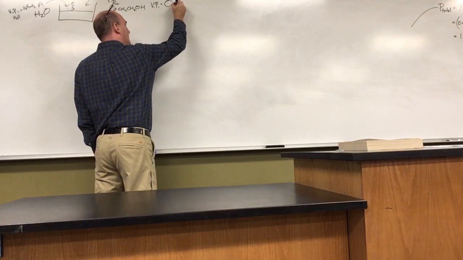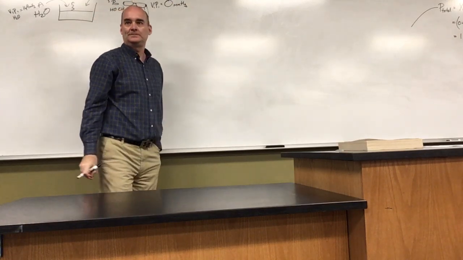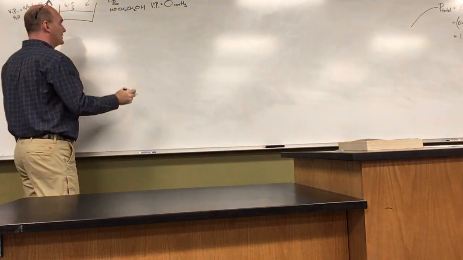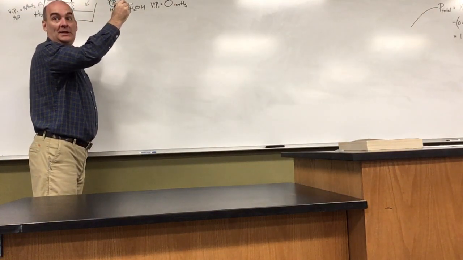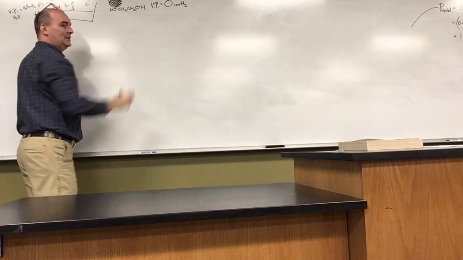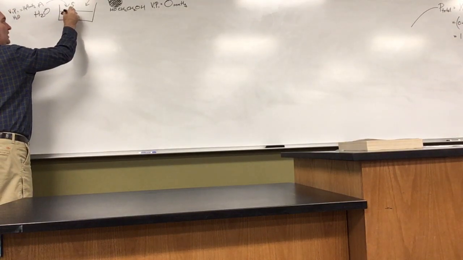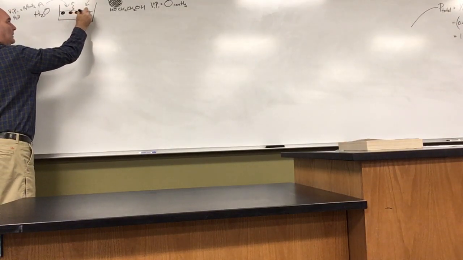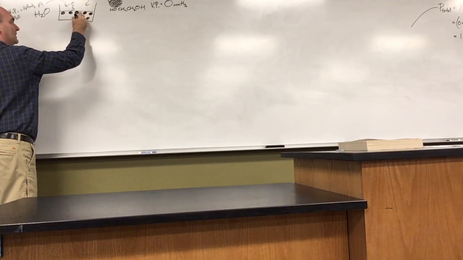It has a vapor pressure of 0. Okay? So at this point, I no longer am interested in B's chemical identity. B just became an obstruction.